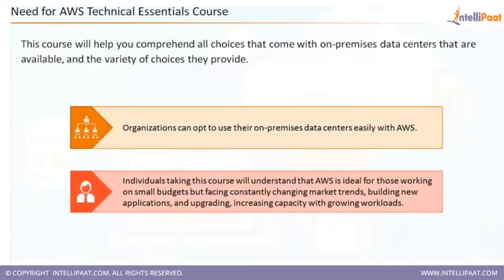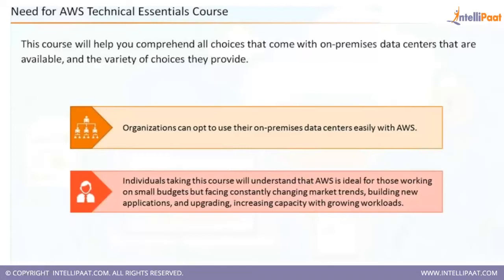Banks still prefer to use their own premises data center for the database. But if there is any small application which doesn't need that much security compared to the database, they are ready to use AWS.